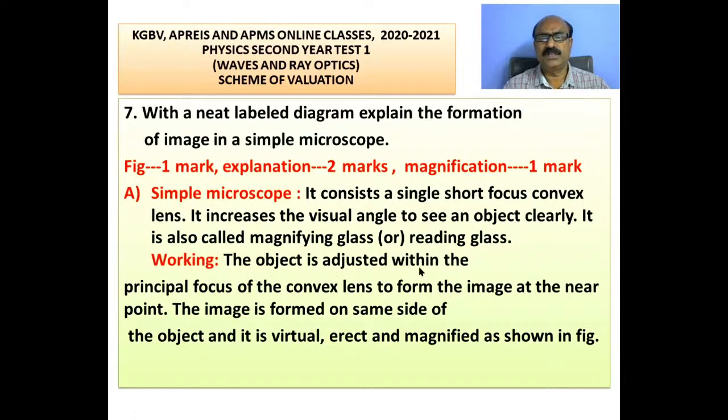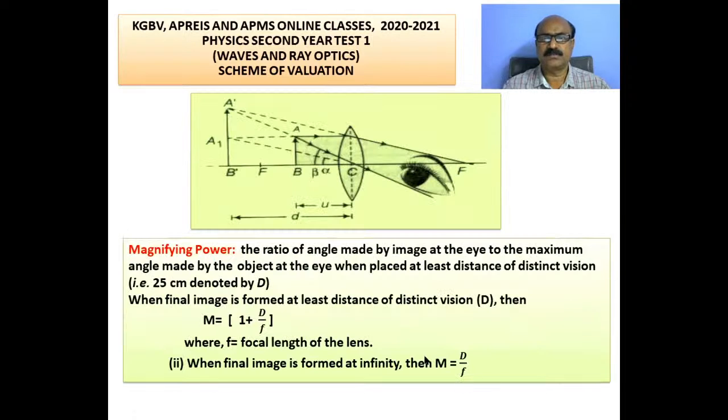The object is adjusted within the principal focus of the convex lens to form the image at the near point. The image is formed on the same side of the object, and it is virtual, erect and magnified as shown in the figure. Now let us observe the figure and the characteristics of the image.